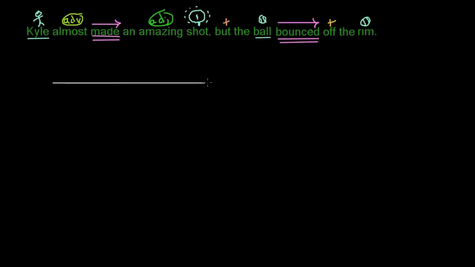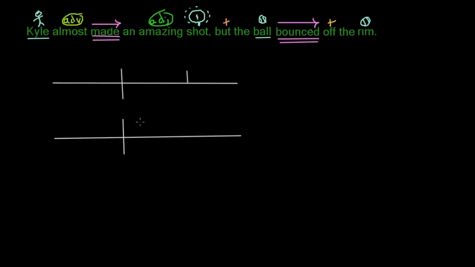Since we have two independent clauses, we're going to draw two baselines, both of which are going to be bisected by the line that separates the subject from the verb in each clause. And in the first clause, we said we have a direct object, which is the noun shot.